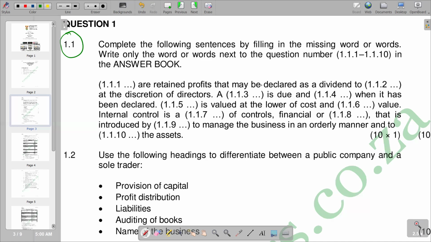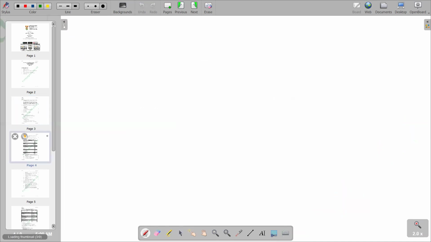And we know that reserves come as retainment that we make for future use. If we retain or hold something, we say we are making a reserve. So this is the explanation we are given, and we can represent it as our answer for 1.1.1: reserves.